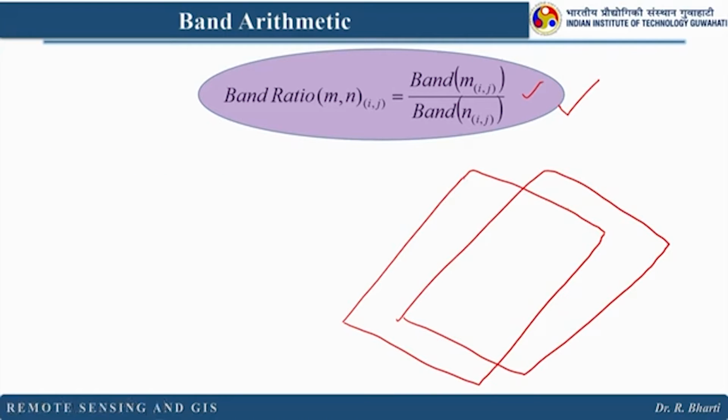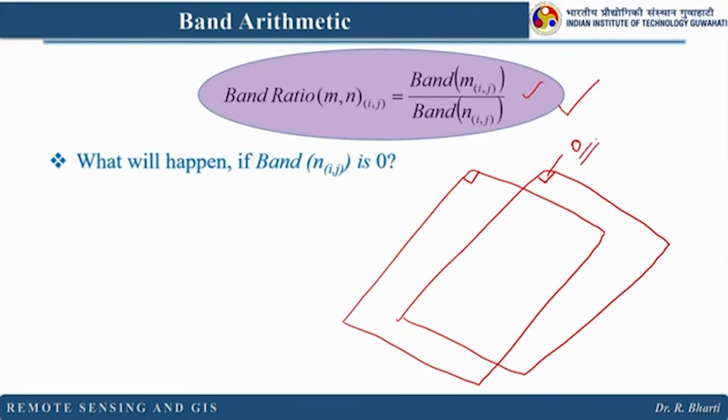So if this pixel and this pixel you are using correctly, but because of some error this value becomes 0, and because of a random bad pixel you might not have corrected this one, so this is still 0. So here you have some value x and you divide x by 0, then what will happen? Your output will be invalid.